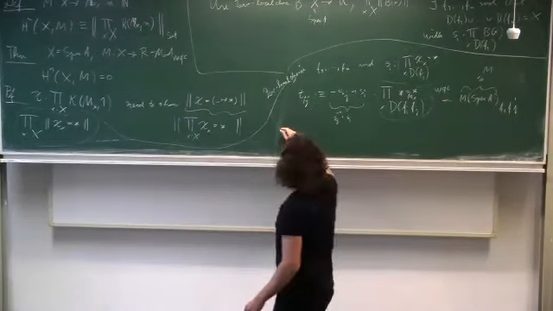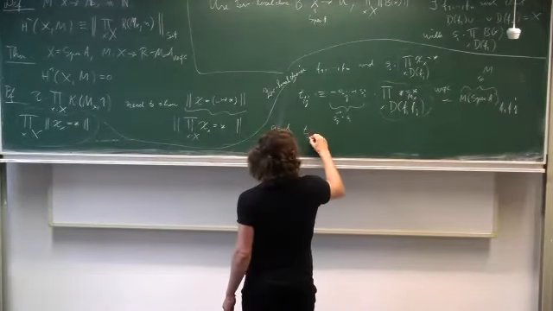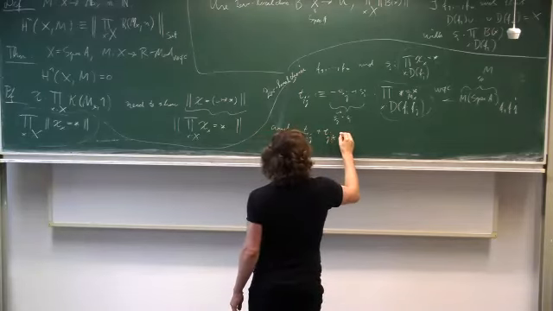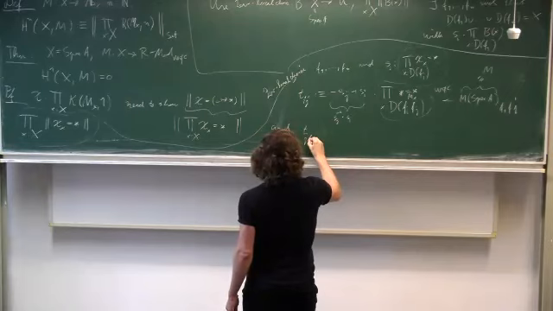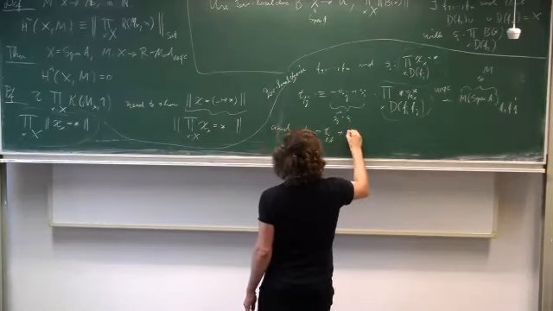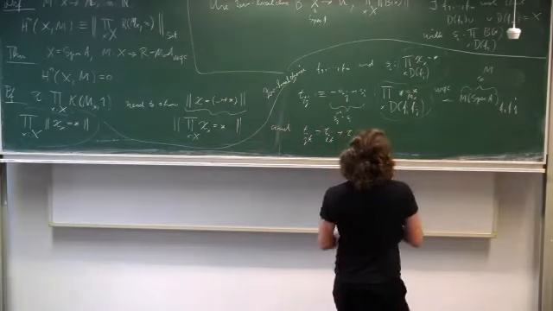And these have a special property, namely that t_ij plus t_jk minus t_ik is 0.